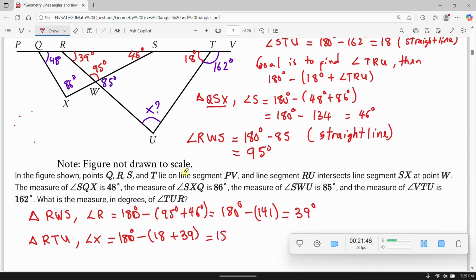So that's 180 minus 57. I'm doing the calculation in my head. So that's going to be 123 degrees. So that is the answer for the angle X.